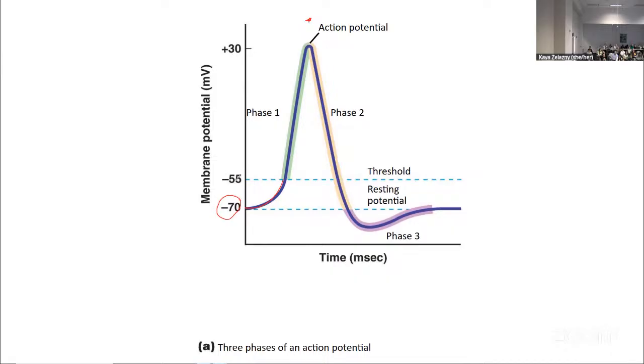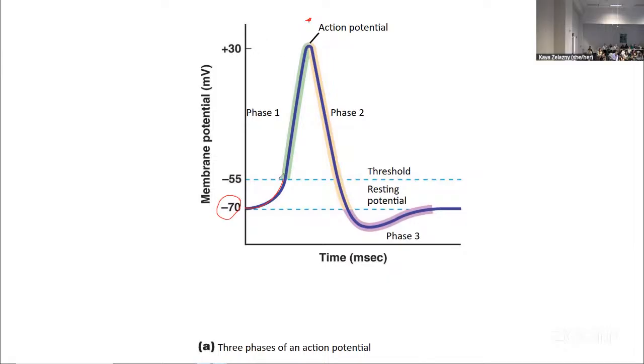These numbers will be super familiar to you by the end of the unit, but we're going to get to a threshold. This is going to kick off new behavior in the cell. It opens up a ton of sodium channels. We've already set up this neuron such that we already know that sodium wants to flow into the cell.